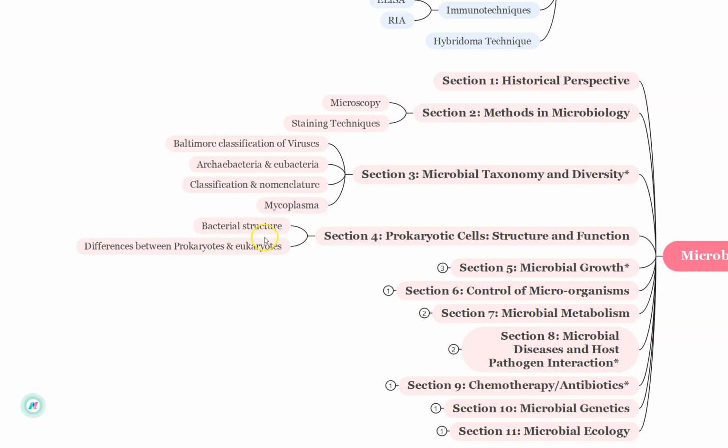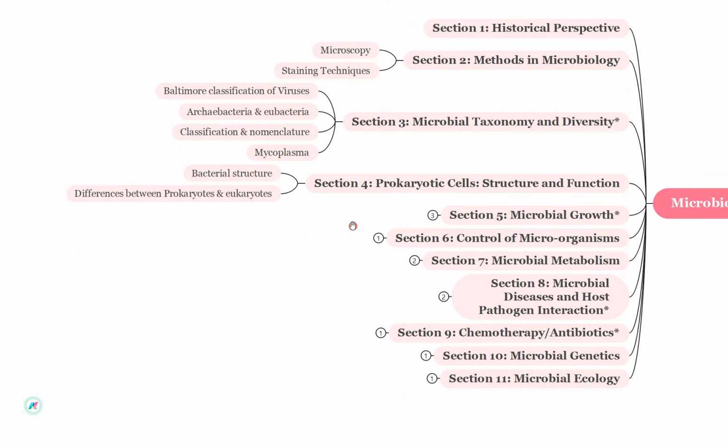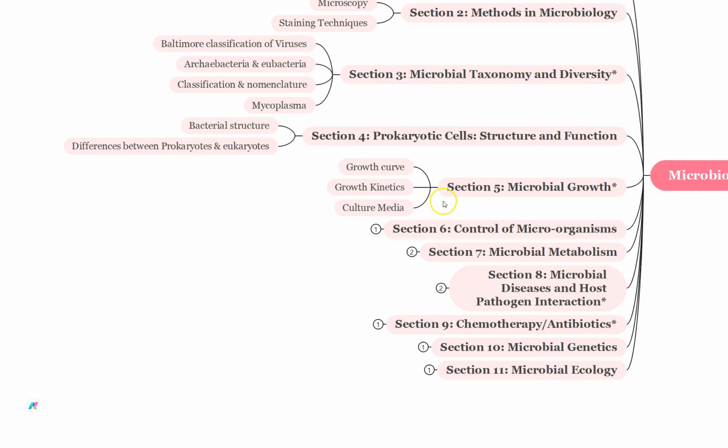Section 4, bacterial structure, which is regarding the cell wall, cell membrane, then flagella, cilia, pili, ribosomes, mesosomes, these all need to be studied. And also the differences between the prokaryotic and the eukaryotic cells. From section 5, that is microbial growth, growth curve is important, growth kinetics, that formula which involves Nt is equal to N0 into 2 to the power n.